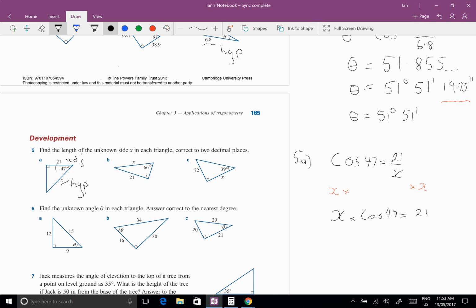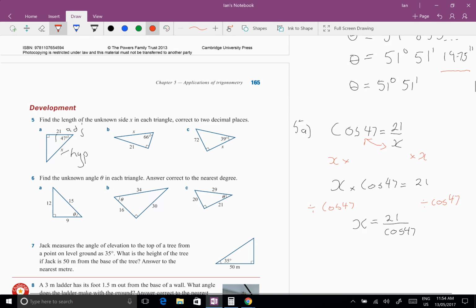Now I can divide by cos 47, because cos 47 is a number, and I'll get x equals 21 over cos 47. And as you can see, the x and the cos 47 have just switched position. But the mathematics of it is that I've multiplied by the x and I've divided by the cos 47.